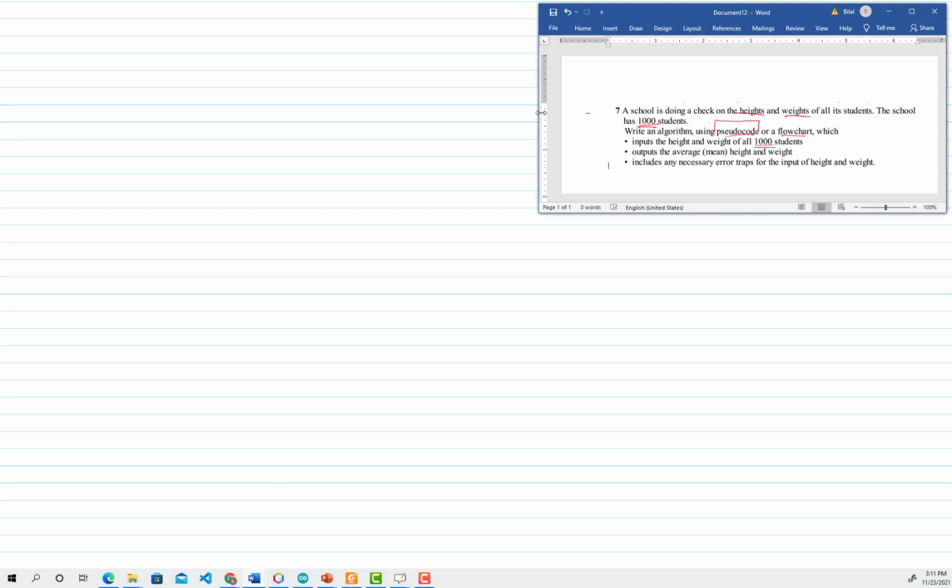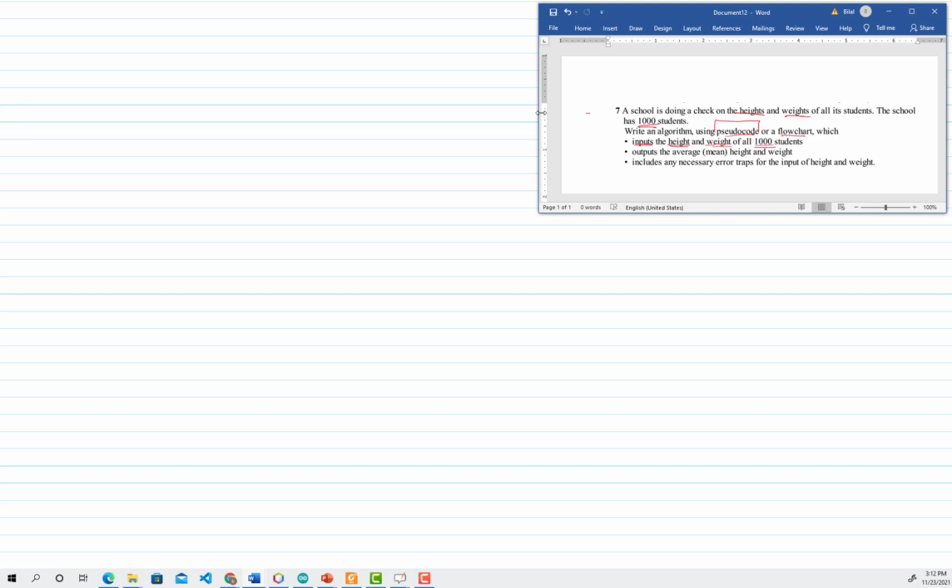So now, how do I think of that? We need two variables, right? We need a variable for height and another variable for weight, and these need to be inputted by the user. And we have 1,000 students. How do we input 1,000 values? We use repetition, right?